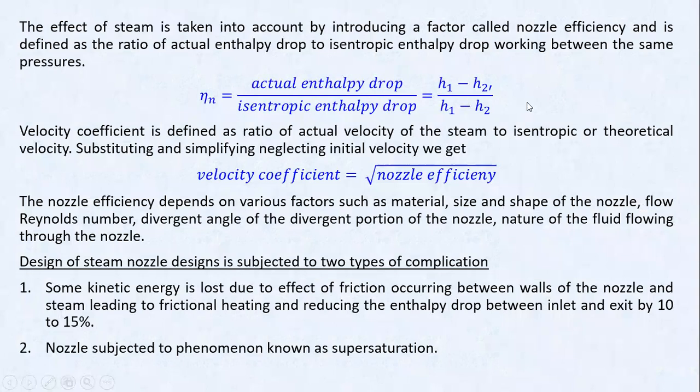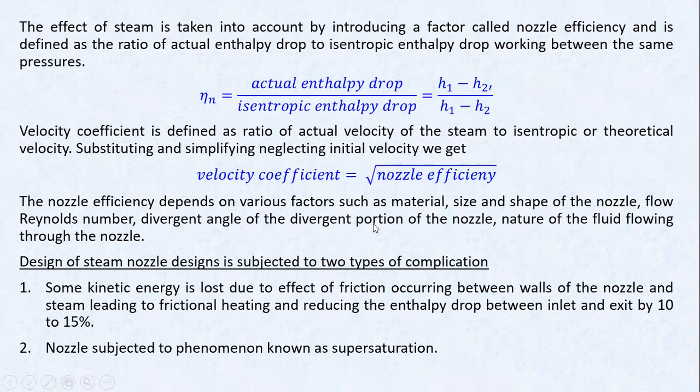So nozzle efficiency is H1 minus H2 dash divided by H1 minus H2. We also define one more expression called the velocity coefficient, the ratio of actual velocity to isentropic velocity, and if we simplify, we obtain it as the square root of the nozzle efficiency.